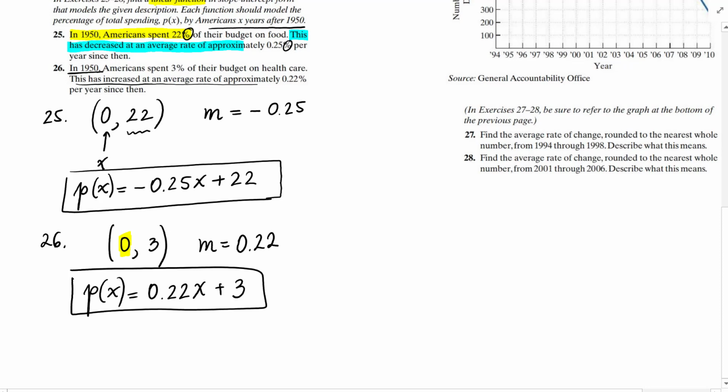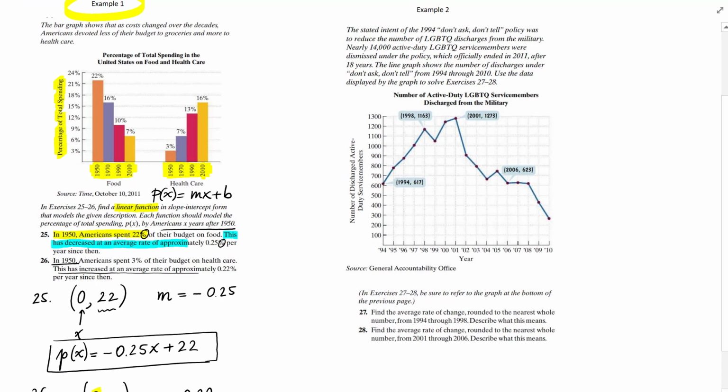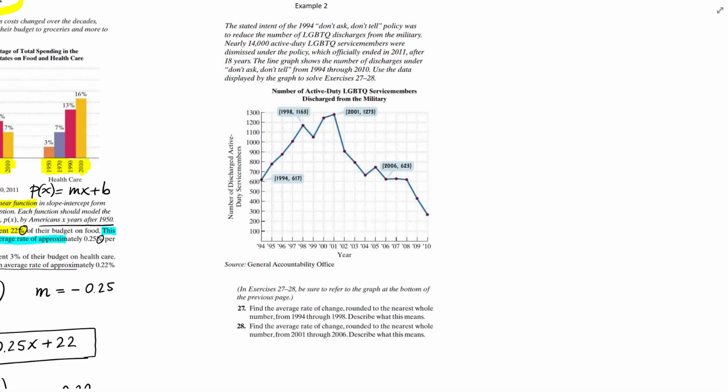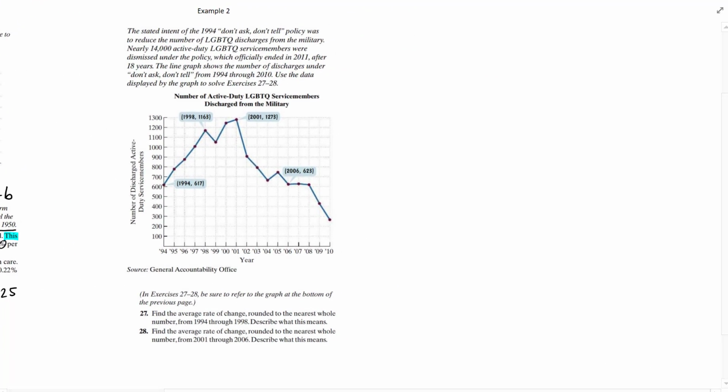Okay, now let's take a look at the second problem, the second example. The stated intent of the 1994 Don't Ask, Don't Tell policy was to reduce the number of LGBTQ discharges from the military. Nearly 14,000 active duty LGBTQ service members were dismissed under the policy, which officially ended in 2011, after 18 years. The line graph shows the number of discharges under Don't Ask, Don't Tell from 1994 through 2010.